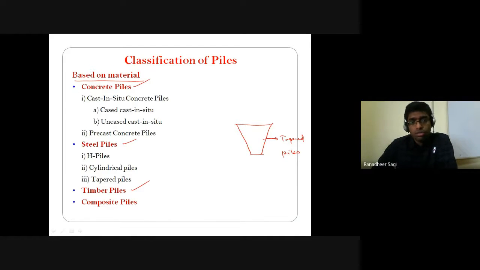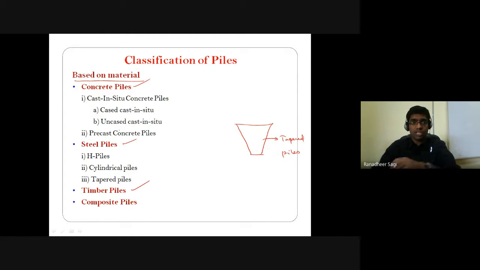Even in the case of concrete piles, we ask whether they are cast in situ, that is, prepared at the construction site, or fabricated somewhere else, brought to the construction site and then installed.